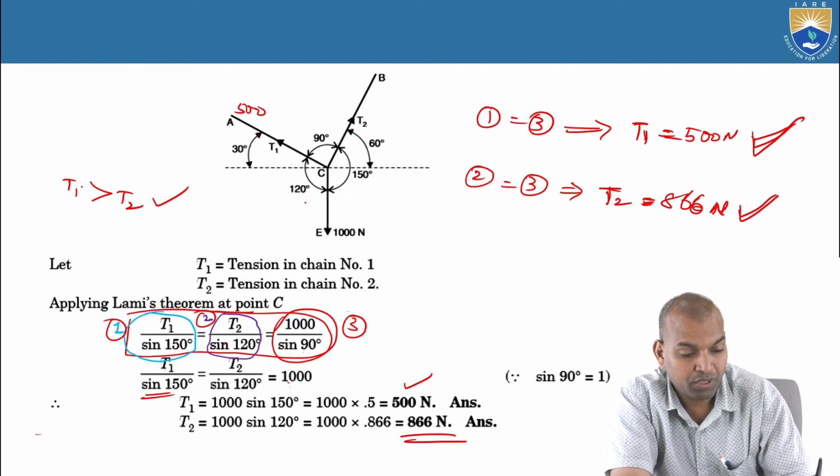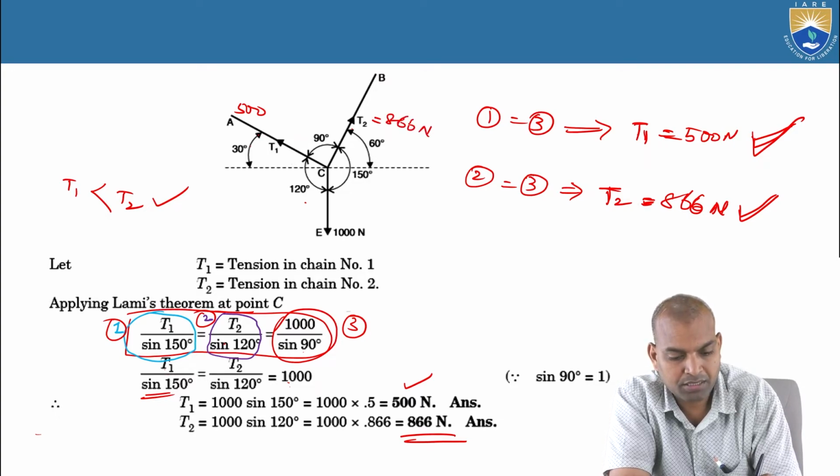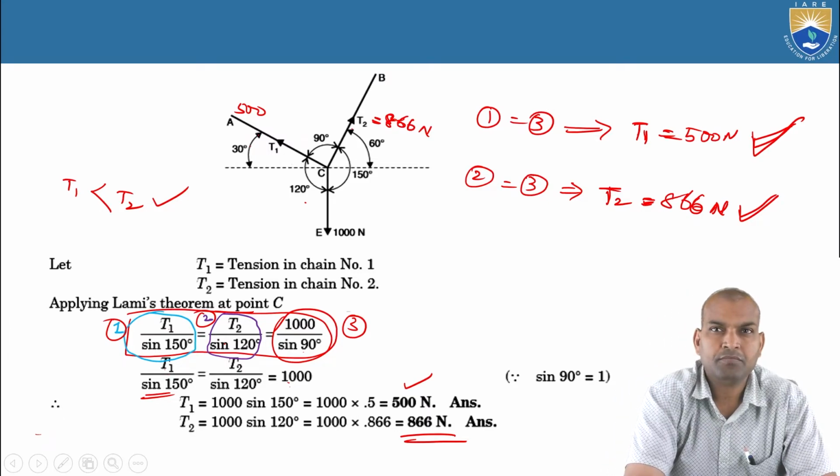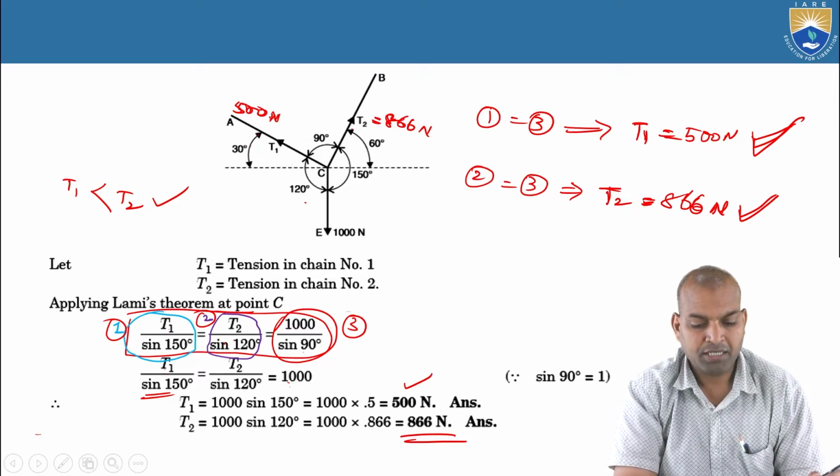T1 is less than T2. T2 is obtained as 866 newtons. T1 equal 500 newtons, T2 is 866.